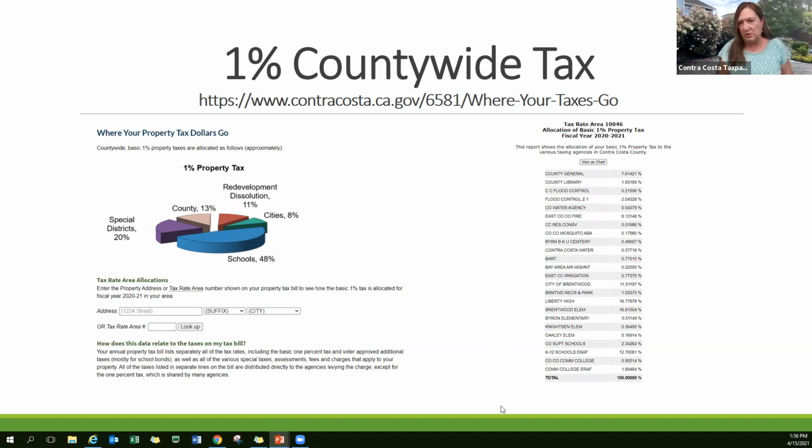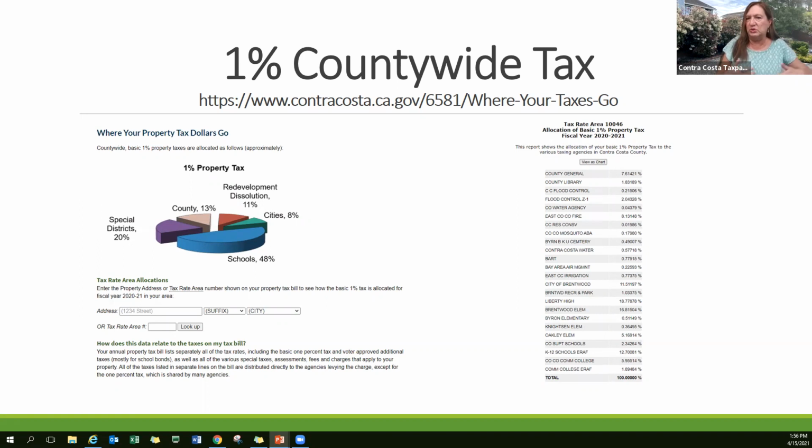Frequently, we talk about that 1% countywide tax as the Prop 13 tax. So everybody in Contra Costa pays 1% of their assessed valuation of their property according to their assessment. And then this is how all those monies are allocated. They don't all go to the county. They don't go to your city. They don't go to transportation.